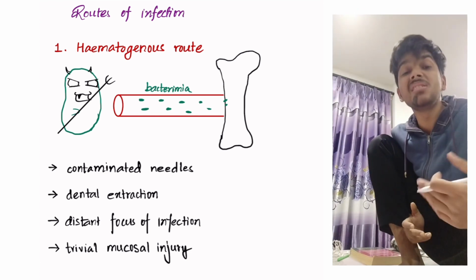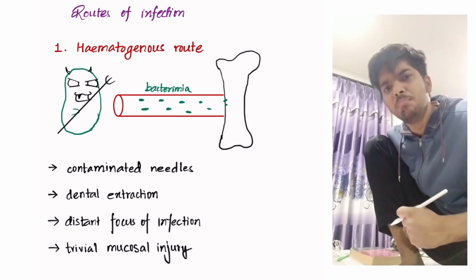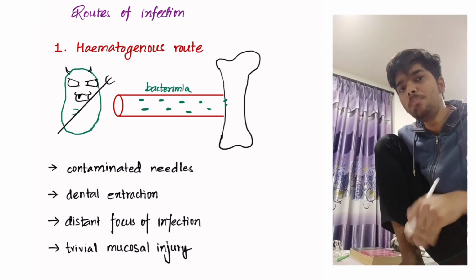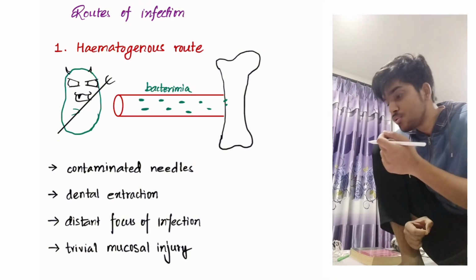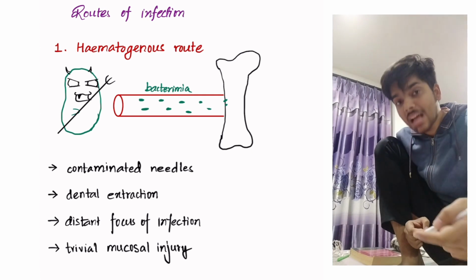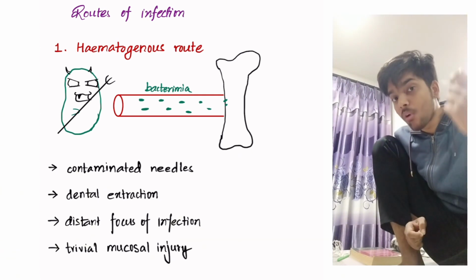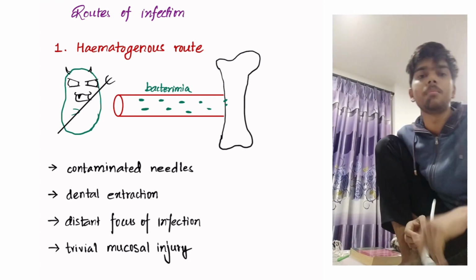Or let's say you are constipated and trying to defecate, and you apply a lot of force while pooping. What happens? The stool tears the mucosal lining of the anus. That can be a source for infection to enter your bloodstream. And that's how bacteria that can cause osteomyelitis can finally reach your bone and cause osteomyelitis.